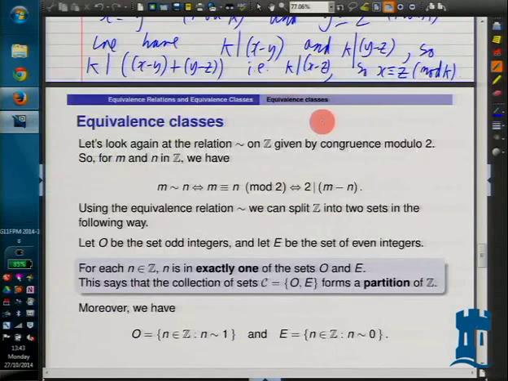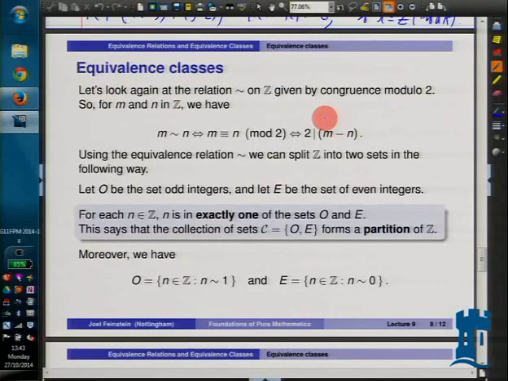Okay, now I want to tell you about equivalence classes. I'll just remind you what we have with congruence modulo 2. When we had integers m and n, m was related to n if and only if m is congruent to n modulo 2, that was when 2 divided m minus n.